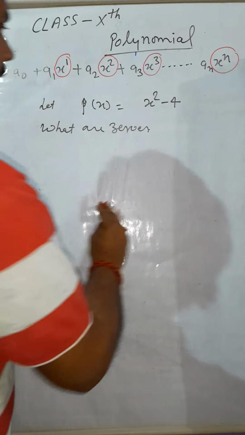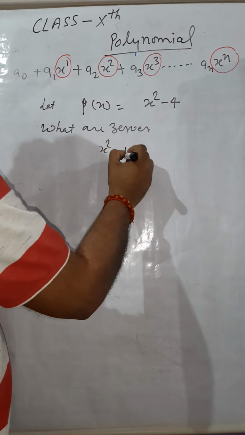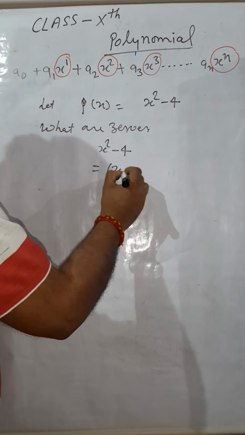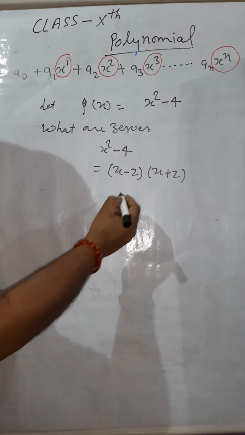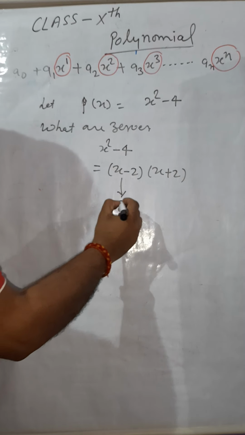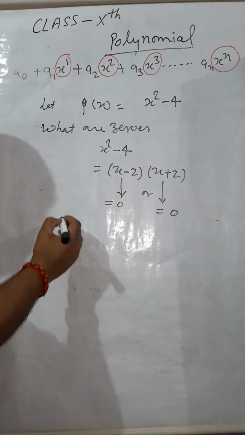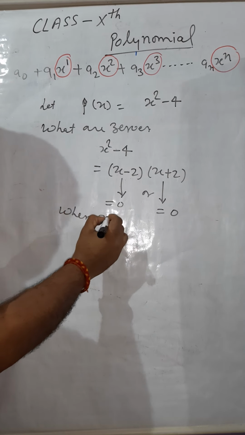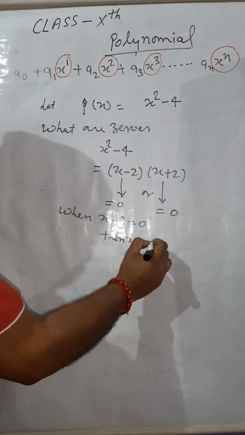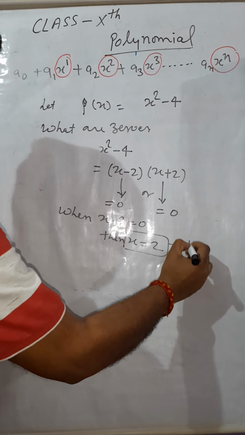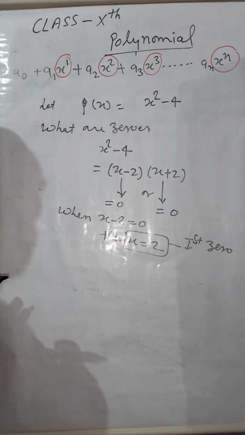So if I am taking here x square minus 4, this will be x minus 2 and x plus 2. So either this will be 0 or this will be 0. So when x minus 2 is equal to 0, then x is equal to 2. It means this is the first zero.